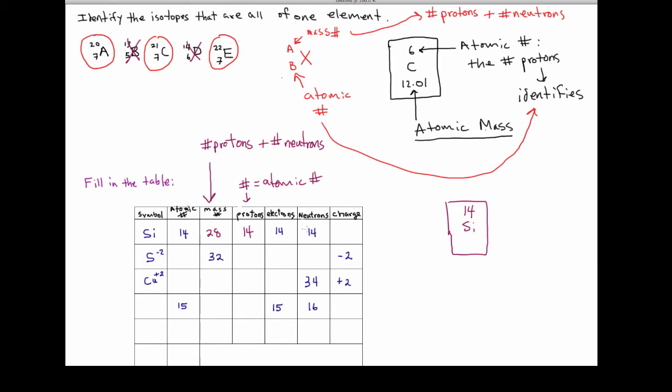14 times 2. All right, and they ask us to identify the charge. When you look back here at the symbol, you can see that there's an absence in terms of a superscript up and right of any sort of notation for charge, so the charge here is 0.